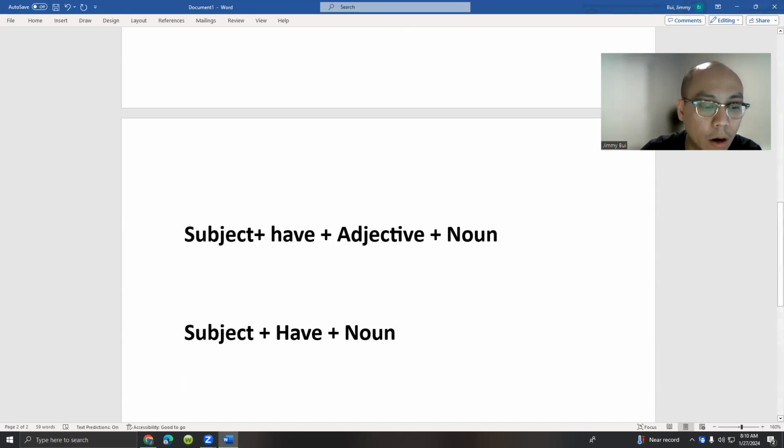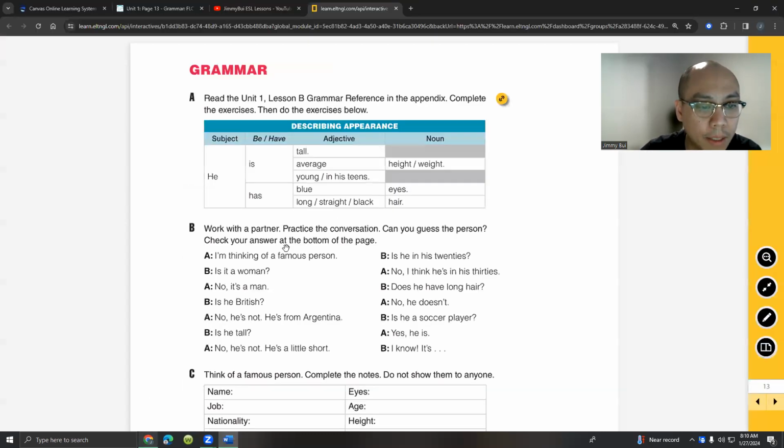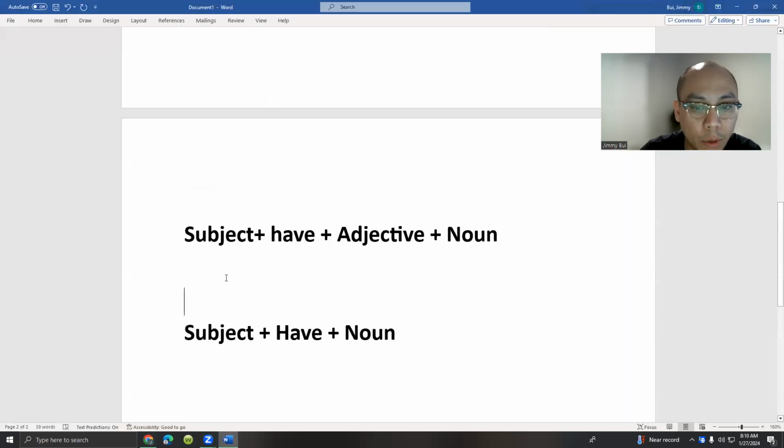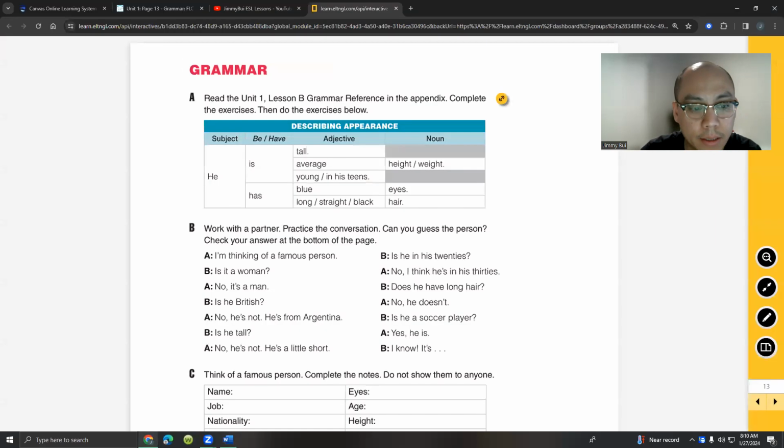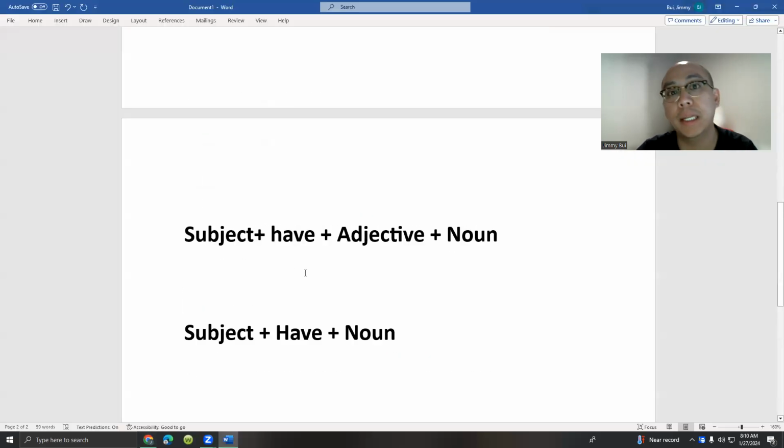Okay. In our book here, it states he has. So we are in simple present tense, present tense meaning now, right? Not right now, this very second, but now as in today I have work, right? Today I have work.